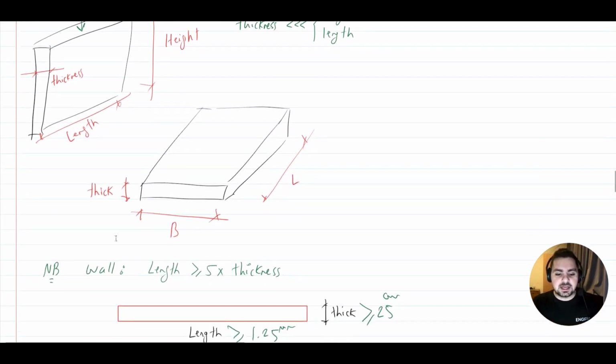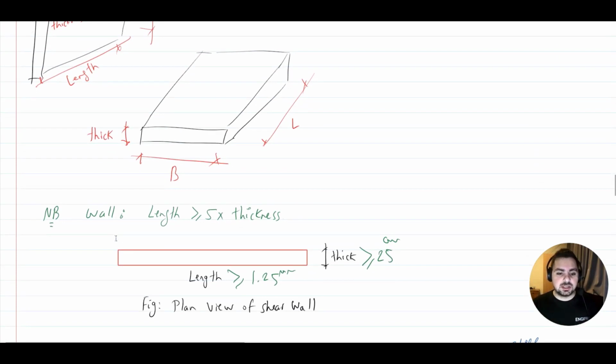Now, finally, the last point that we are going to discuss here is the dimensions of our wall. Usually the length of our wall should not be less than 5 times the thickness. The minimum thickness is usually 25 centimeters.